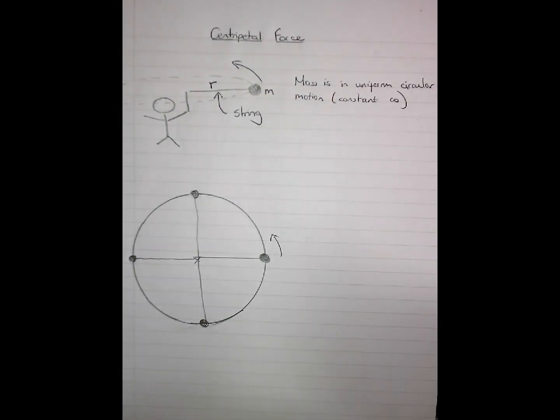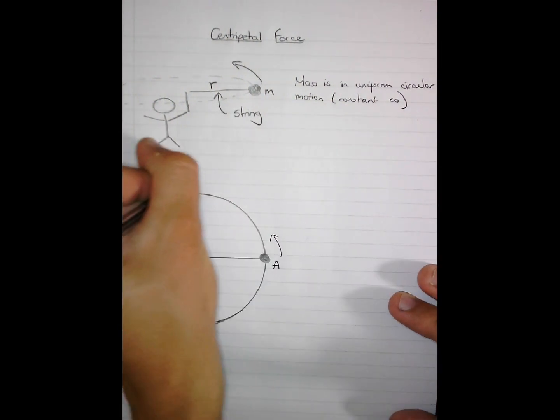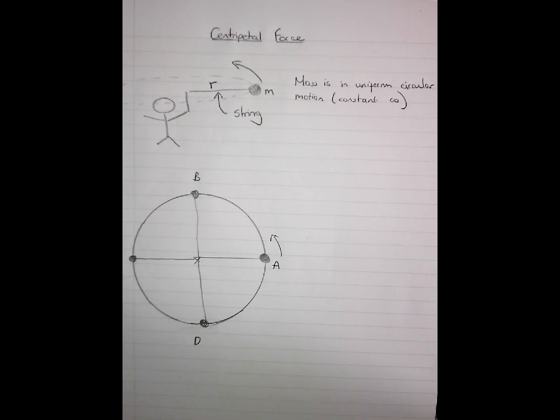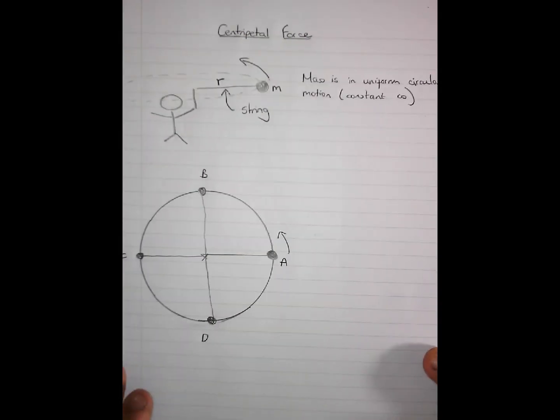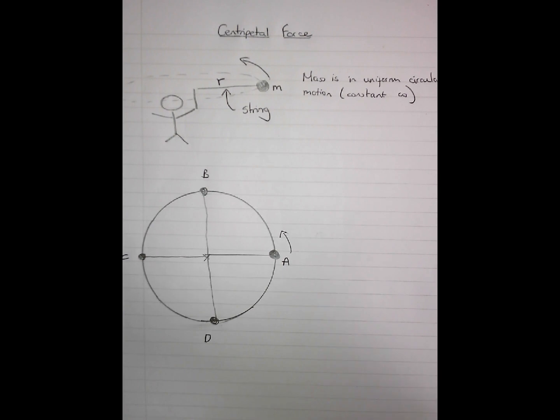What I would like you to do at each point is to pause the video and draw an arrow to represent the velocity of this mass at A, B, C, and D. Any time I ask you to draw a vector, I want you to think about its magnitude, whether it's changing, and what its direction's doing. So can you pause the video now and have a go at that, please?